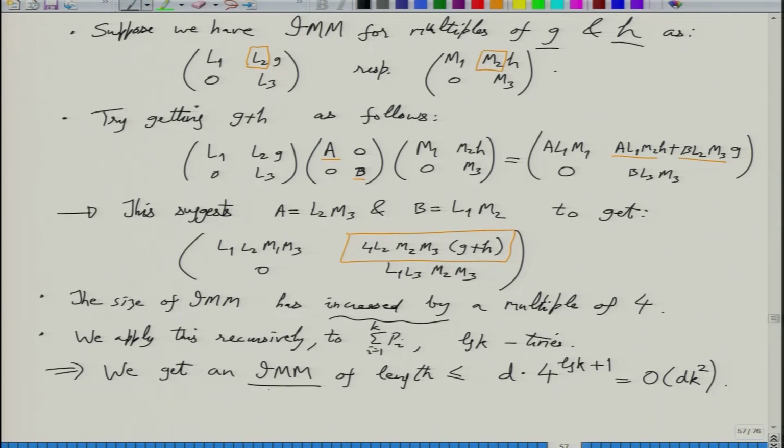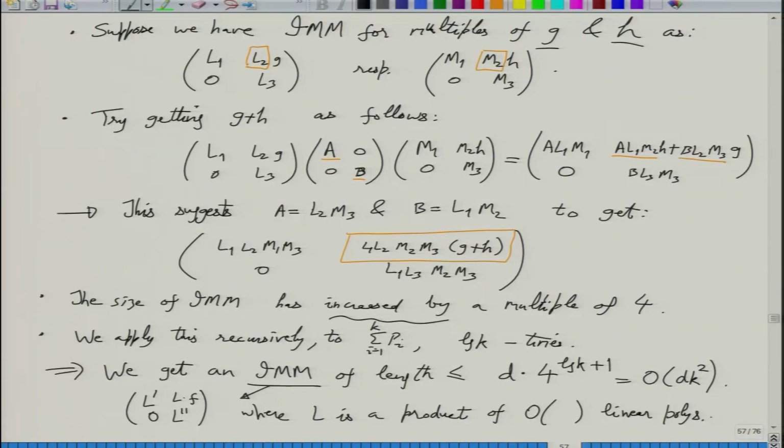So this IMM looks like L prime, L prime prime, L times F 0, where L is a product of some number of linear polynomials. That's an invariant. So how many linear polynomials do you multiply in the end in L?